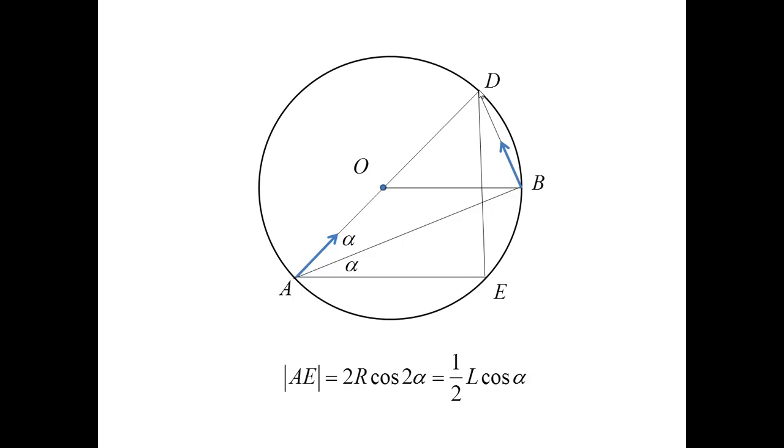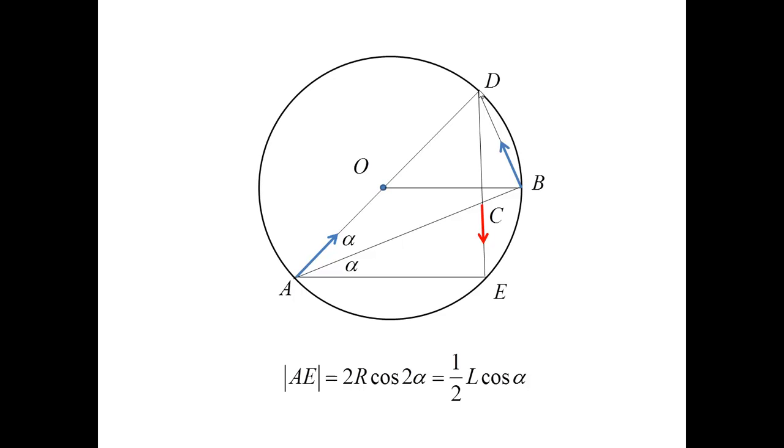Since the line DE is vertical and it's at least parallel to the weight, then I conclude that the line DE must be collinear with the weight, and therefore the point C, or the midpoint of the bar, is the intersection point between DE and AB.